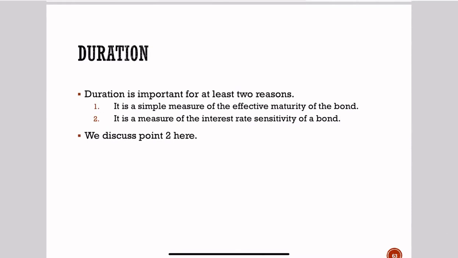Well, first, it is a more accurate measure of the effective maturity of the bond. The second is it will give you a nice formula. This formula tells you how a bond price will change if interest rate changes.